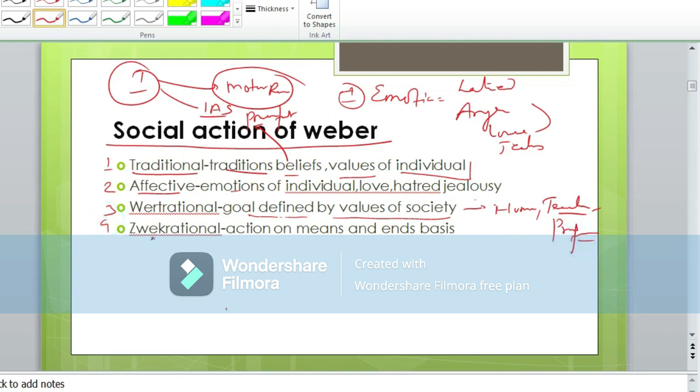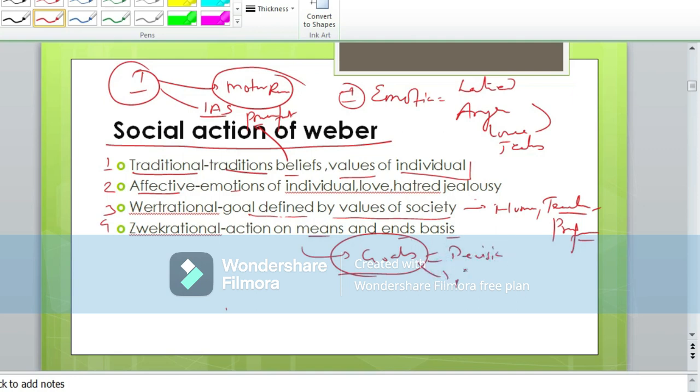Then, in the latter part, you realize that there is zweckrational action, in which means and ends are the basis, defined by the goals which the individual takes to make any decision.